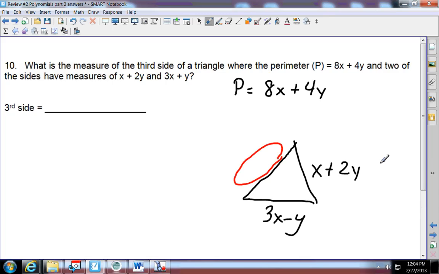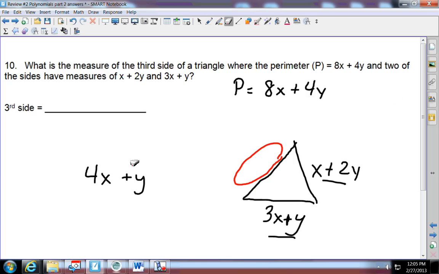Okay, so there's a couple different ways you can do this. The way I'm going to do it is I'm going to add up the two sides that I have. So how many x's do I have? I have 4x, and 2y plus 1y is 3y. It says plus y, so it's not negative.